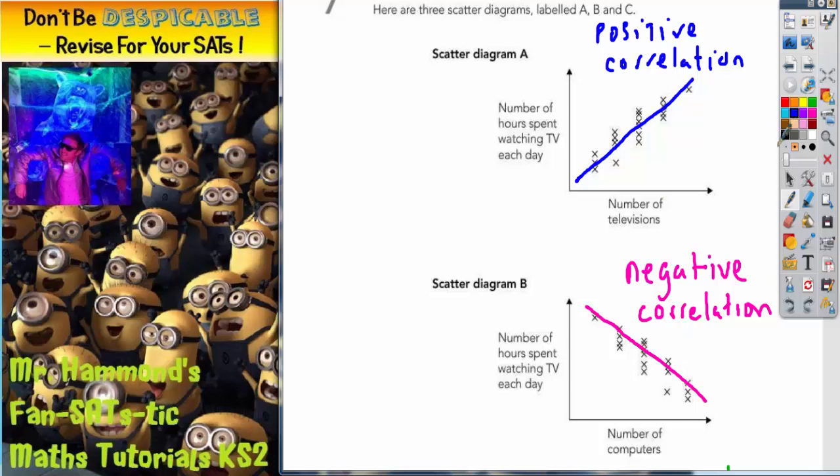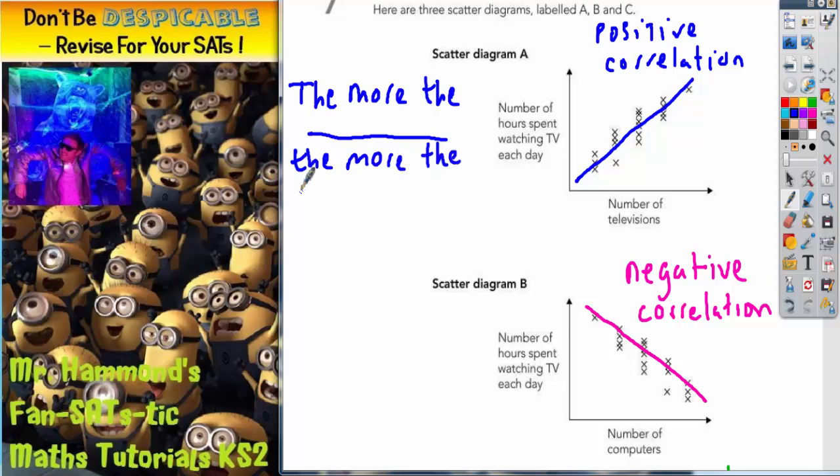Now then, let's think about sentences that we can write. Well, in any question with positive correlation, it can fit this general sentence. We can say, the more the blank, the more the blank. In other words, to fill in the blanks, we just fill in what is written on the axes.